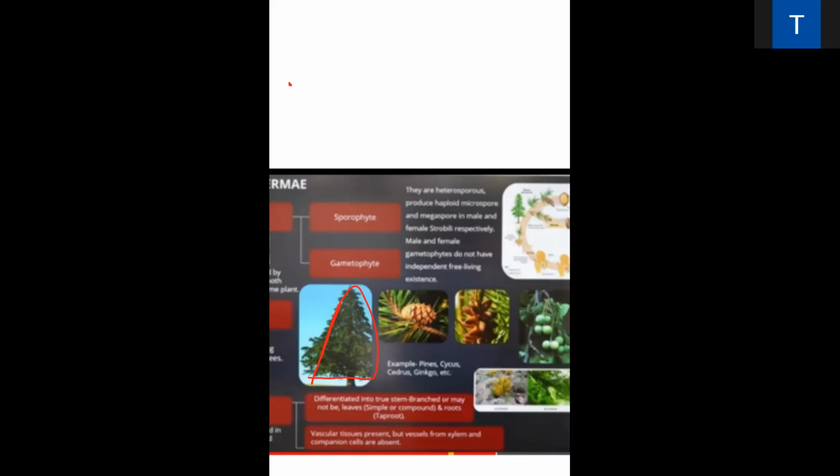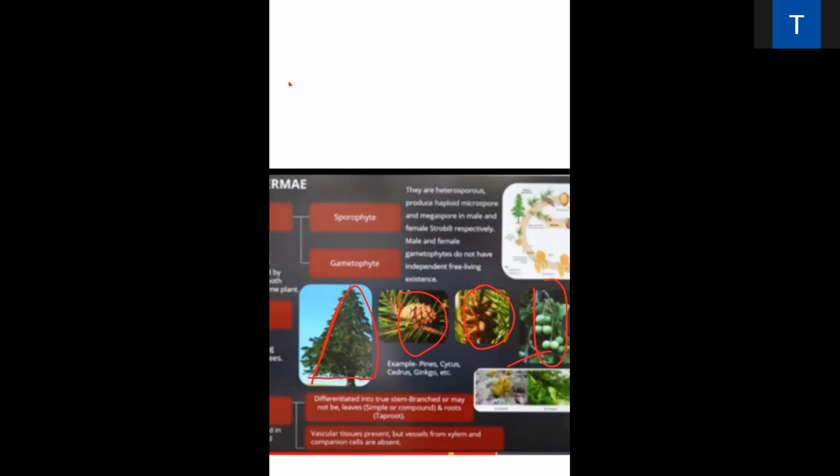It is a protected tree, very uncommon. These are also cones. These are the Ginkgo biloba trees.